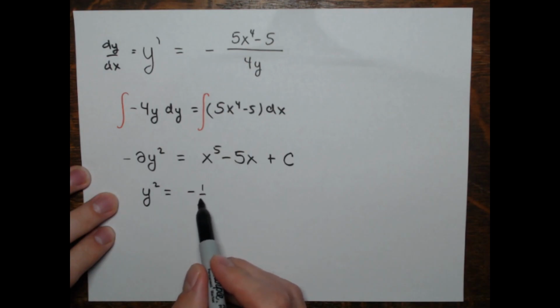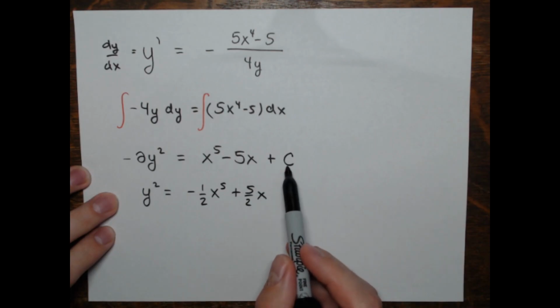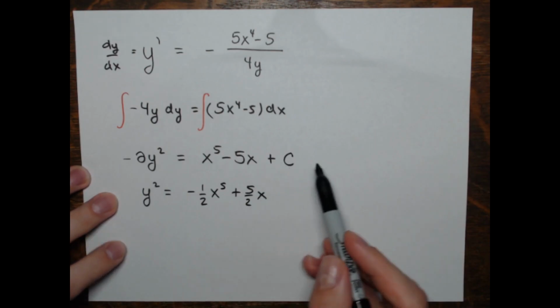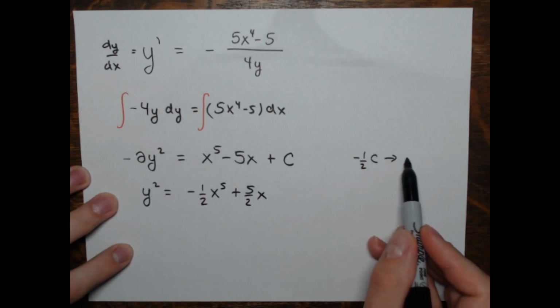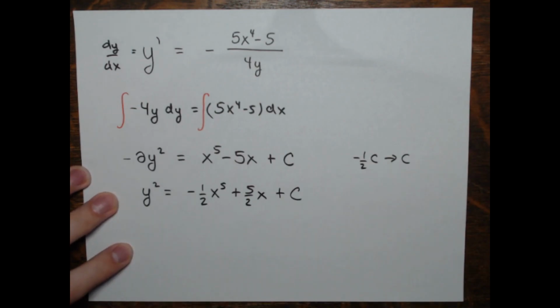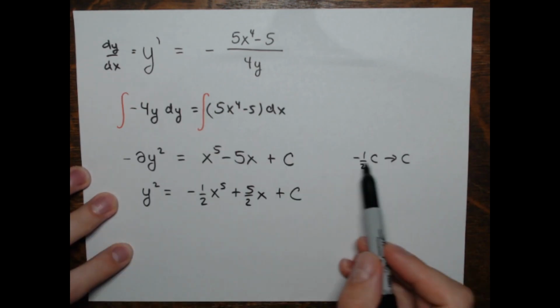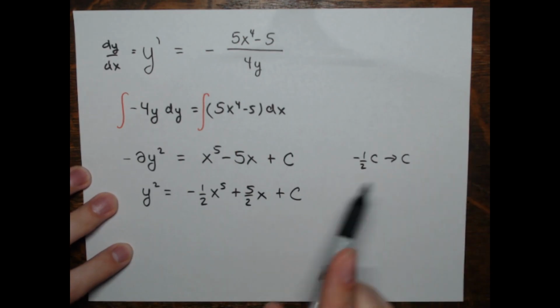So I'd have negative 1/2 x to the fifth plus 5/2 x. And then we'd have negative 1/2 times some constant. But again, this is just a constant, right? So I'm just going to put plus c again. I know, again, hopefully that's not too confusing. It's just another constant. And then I'll do the square root of both sides.